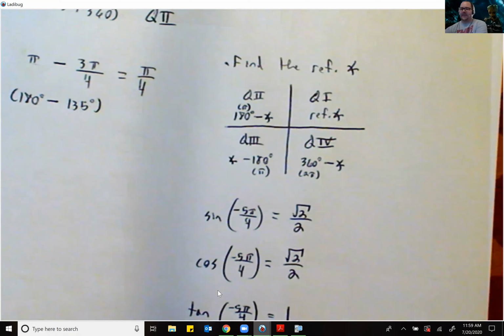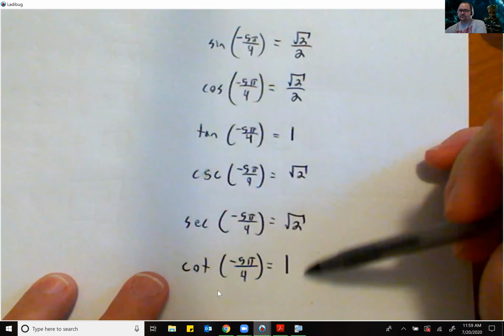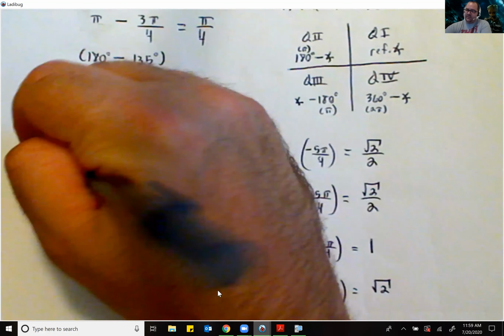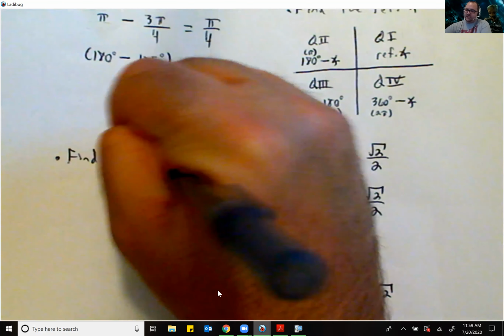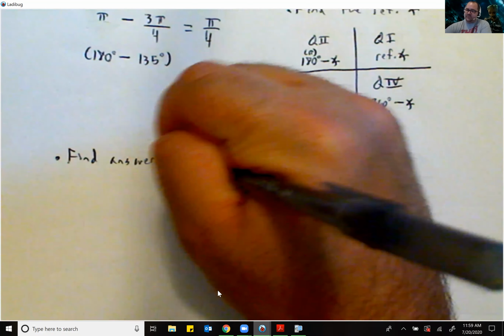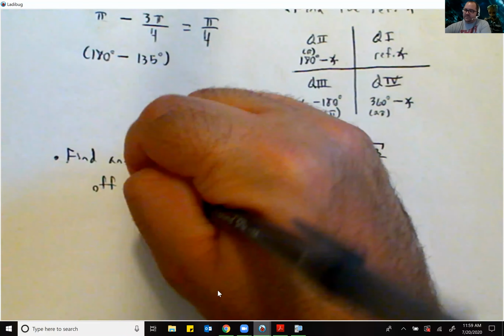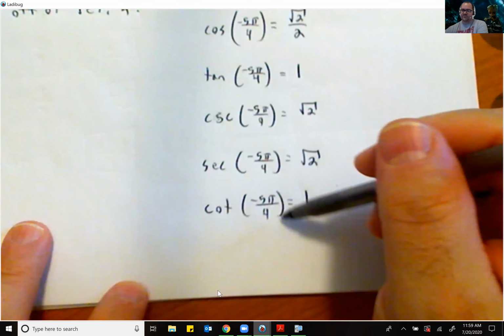So these are all the answers. So the next thing we did is find answers based off of the reference angle. I just treated these all as if they were pi over 4, and these are the answers to pi over 4.